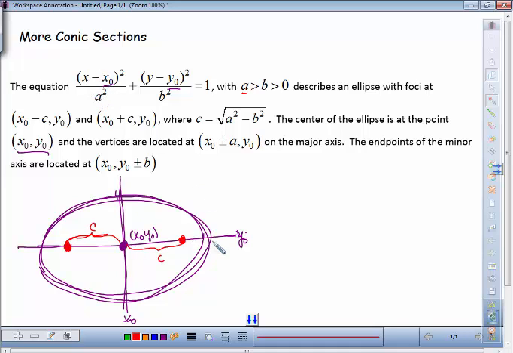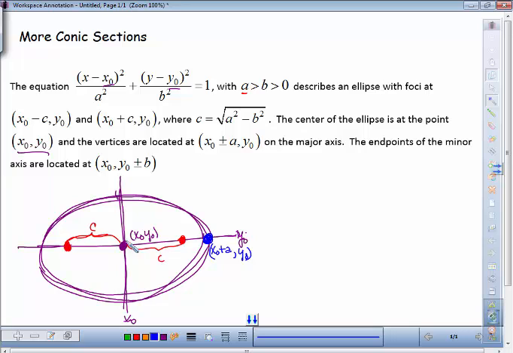And so along the x-axis, the horizontal axis, you're going to move from x naught to this point, x naught plus a. And then the y value is whatever the y value is, which is y naught.